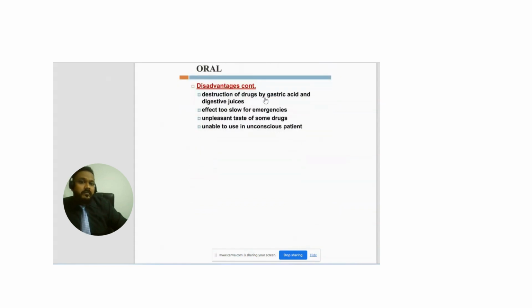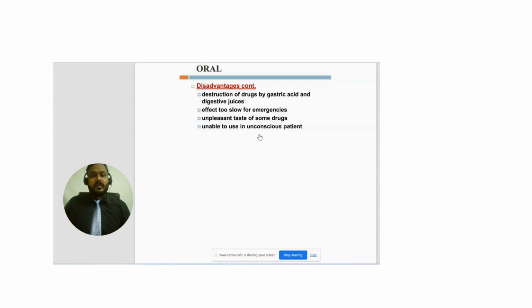Disadvantages are destruction of the drug by the gastric acid and digestive juices, and sometimes in emergency cases we cannot use the oral route because the effect comes very slowly. If we compare with the parenteral route, it gives very fast action. In case of emergency, we give the drug by the IV route, and it also has 100% bioavailability. What is bioavailability?